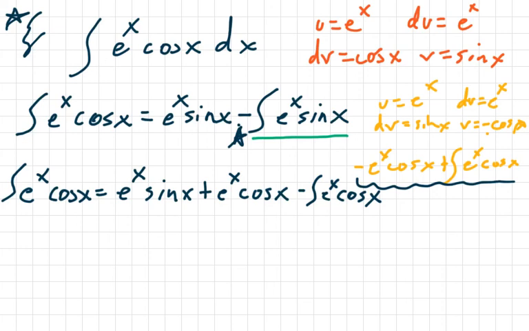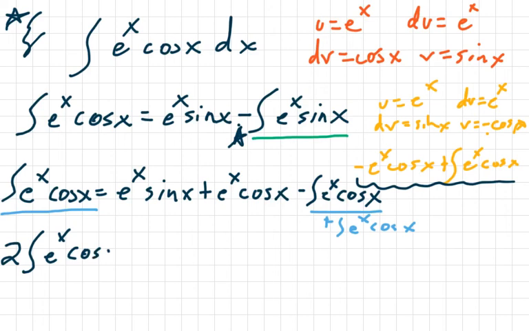Now stop and look at this question. Look at both sides of the equal sign. And it's hard, but you got to recognize this and this are the same. So I am going to add this integral, e to the x cos x, over to the other side. So if I add that to the other side, I am going to have two integrals of e to the x cos x on the left-hand side.